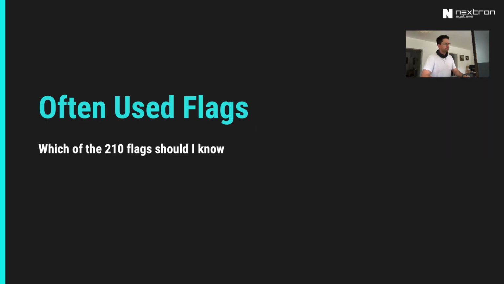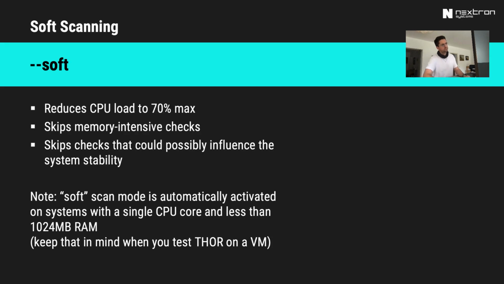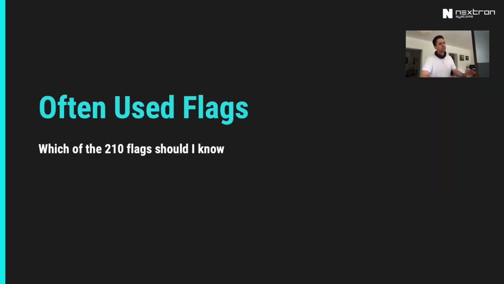Often used flags. Important. The question is, which of the 210 flags should I know? That's no joke. That's really no joke, but you will love it. We really have 210 different flags that you can use.